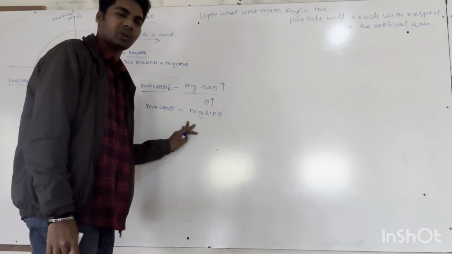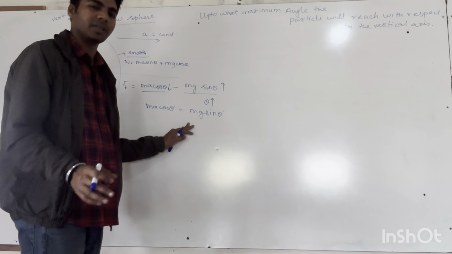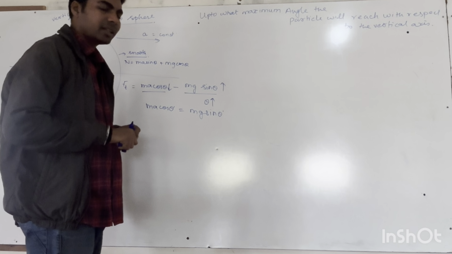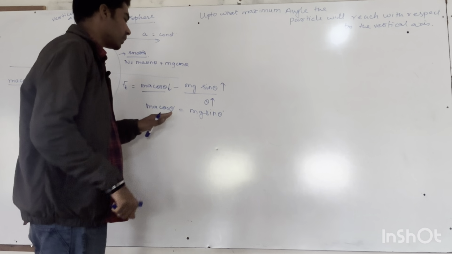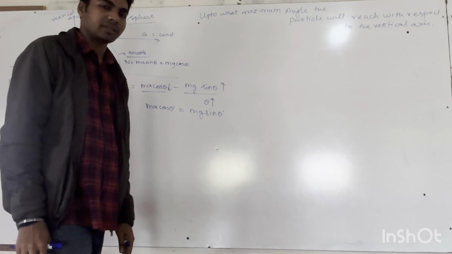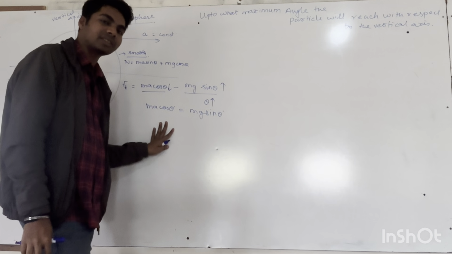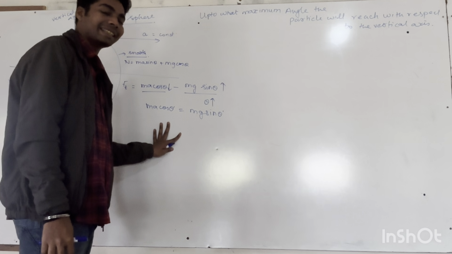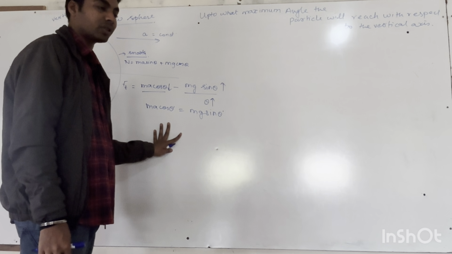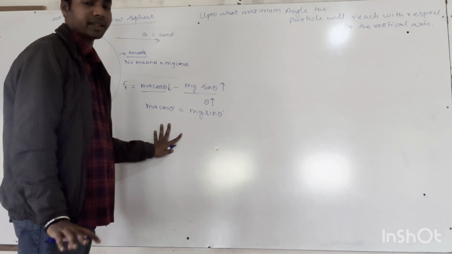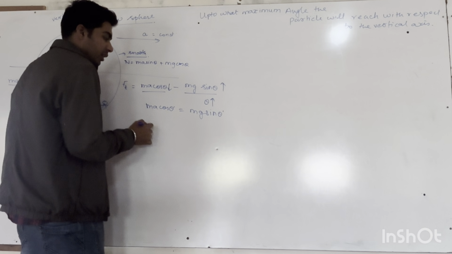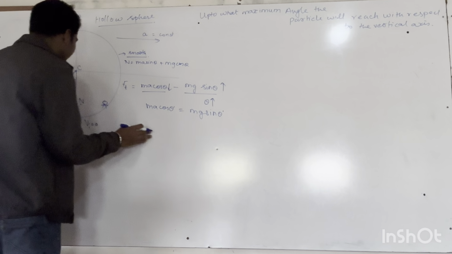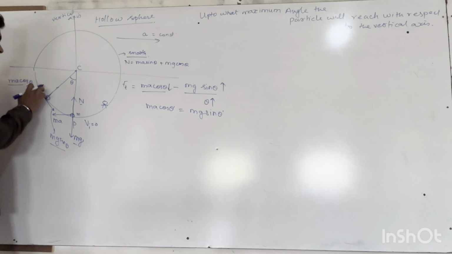We will call it the equilibrium position later, when we understand the concept of oscillation. We will call it equilibrium theta, where the net tangential force on the particle of mass m will be 0. At this moment, the forces are balanced and the net force on the particle is 0.